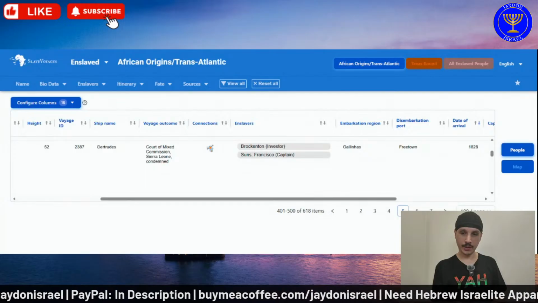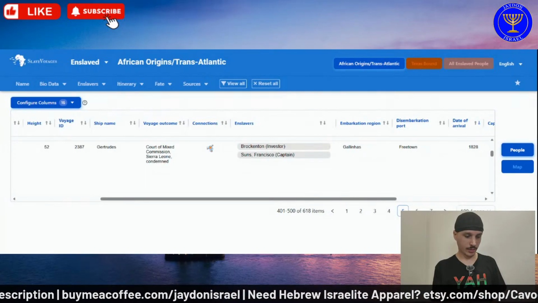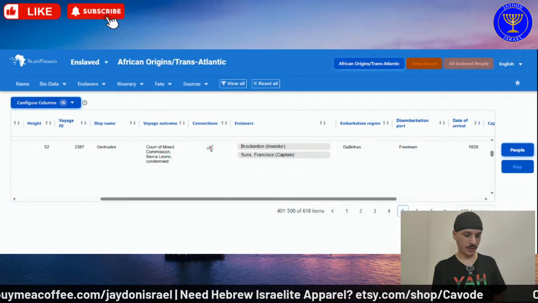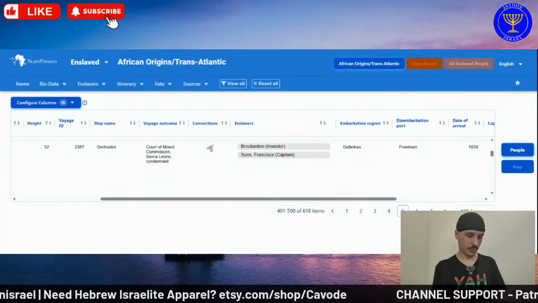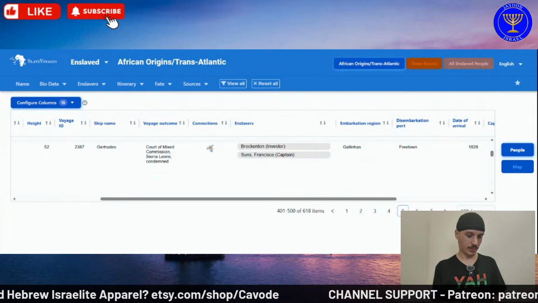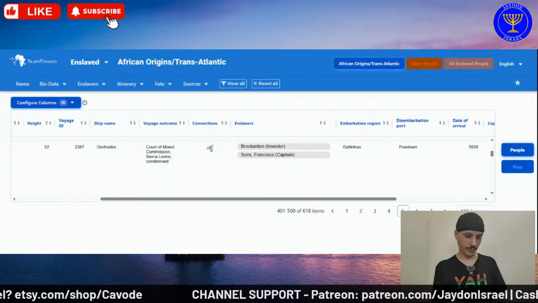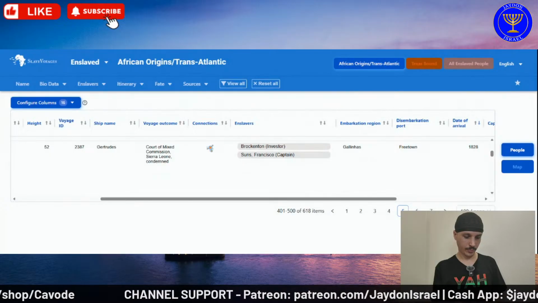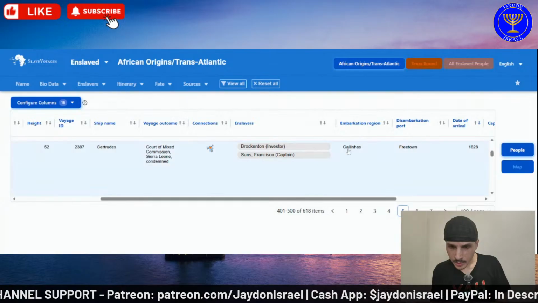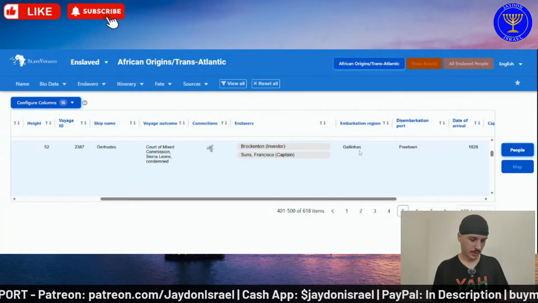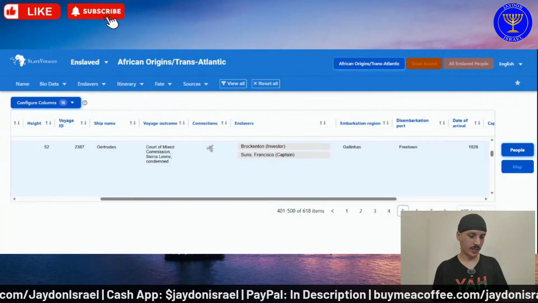Embarkation region, Galinhas. Brazil. Coast of Brazil.